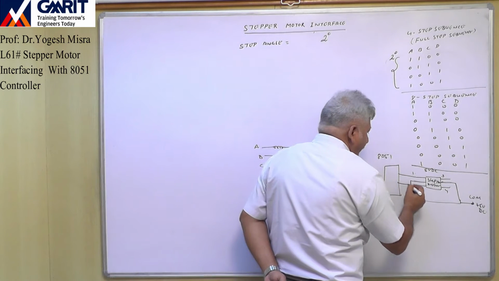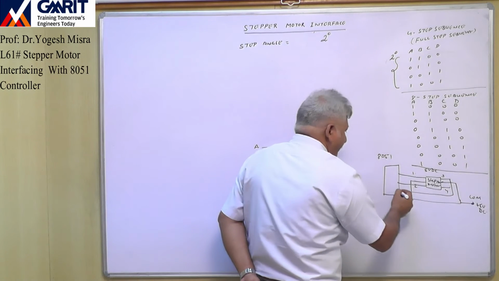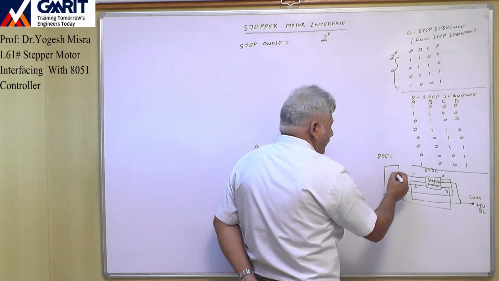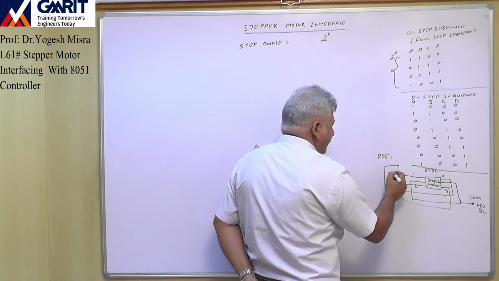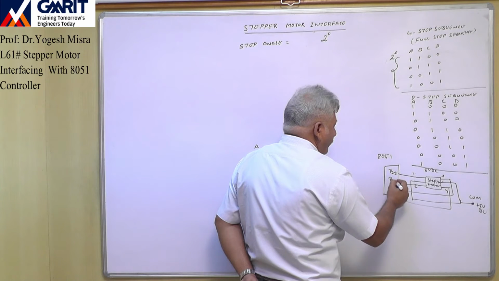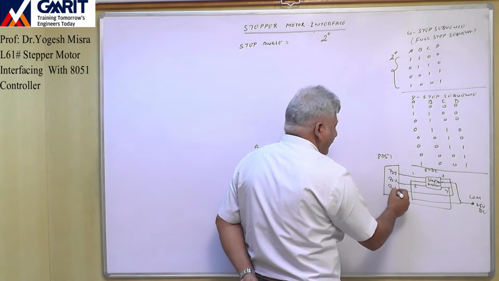1, 2, 3, 4 like this. So with microcontroller, suppose we will use port 2. Port 2, pin number 3. Port 2, pin number 2. Port 2, pin number 1.